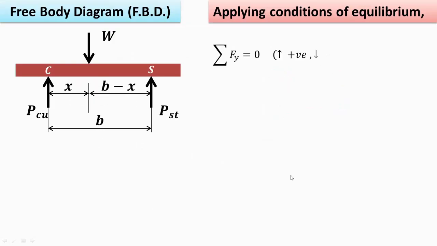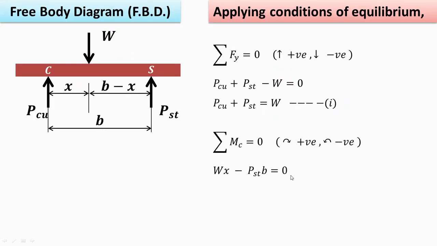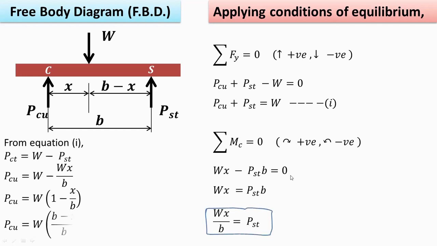So let us draw the free body diagram and apply the conditions of equilibrium in this particular case. The first condition of equilibrium is summation of Fy is equal to 0. Upward forces are positive, downward forces are negative. So this is the reaction offered by the copper rod and steel rod.